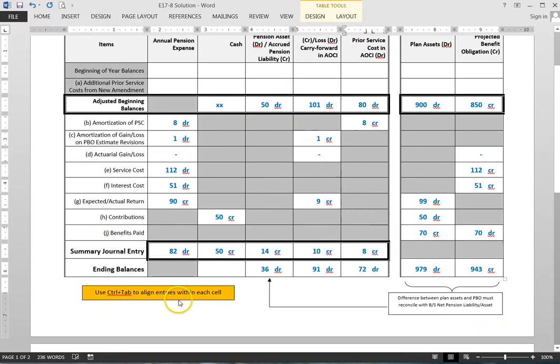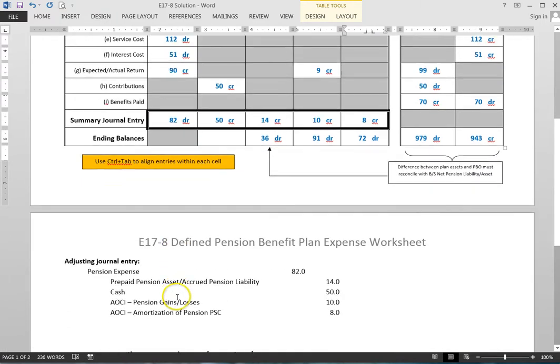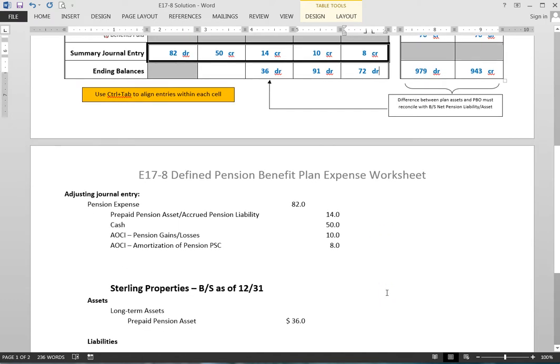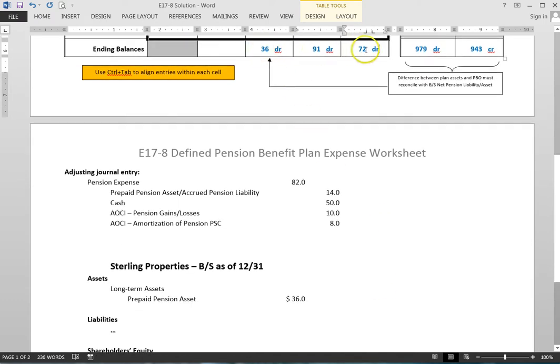Now, to complete this, here's my adjusting or summary journal entry. A debit to pension expense of $82,000, and then in this particular case everything else turns out to be credit entries. That's just a copy of what is right here in this box. And then the balance sheet disclosure is based on what happens right here.